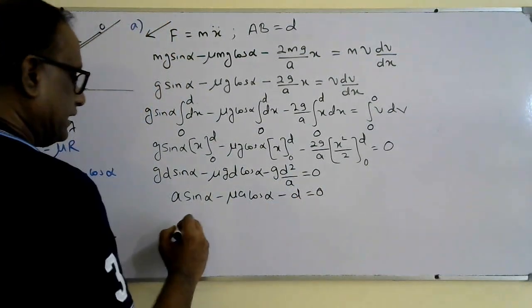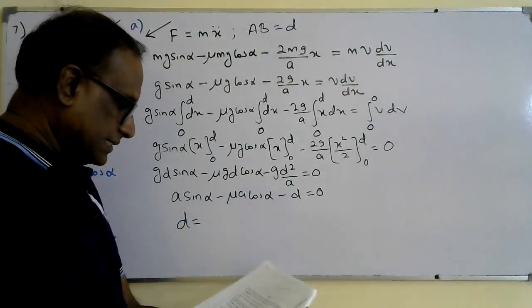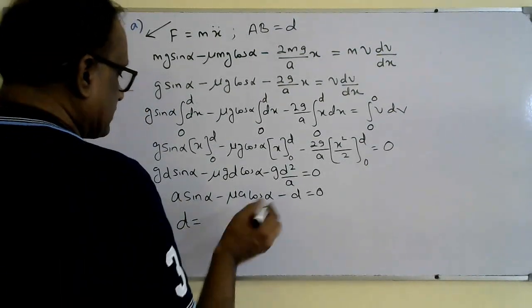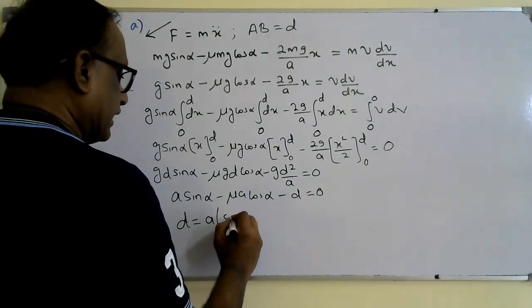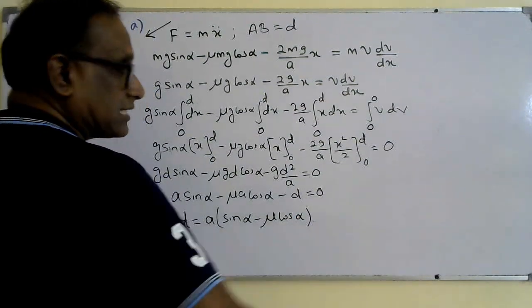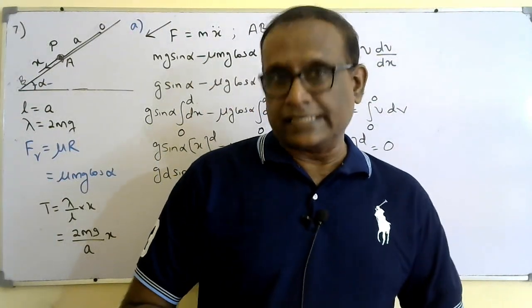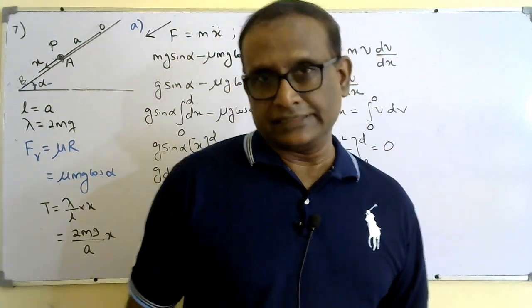So make d the subject. d is going to be a sin alpha minus mu a cos alpha. Take a out, so a times sin alpha minus mu cos alpha. That's the thing they asked to show, the first part, that is part a. This is the second method. The first method we used energy equations.